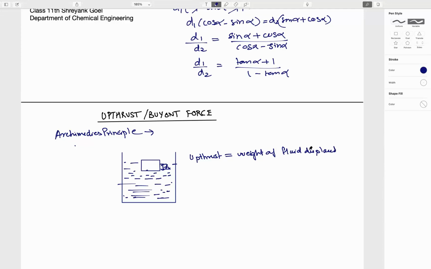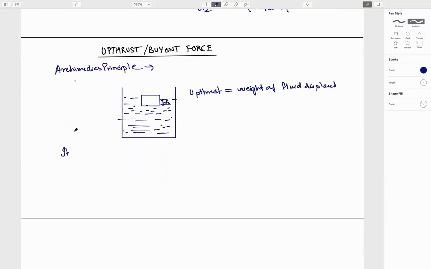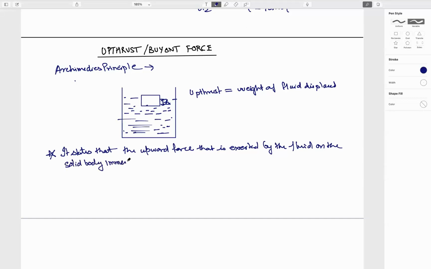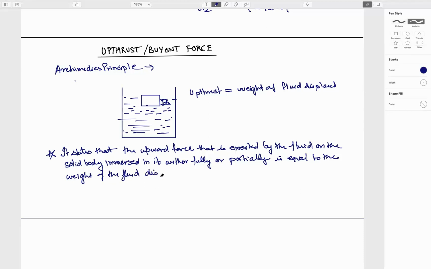Now I can write what Archimedes principle is. It states that the upward force exerted by the fluid on the solid body immersed in it, whether fully or partially, is equal to the weight of the fluid displaced by the body.